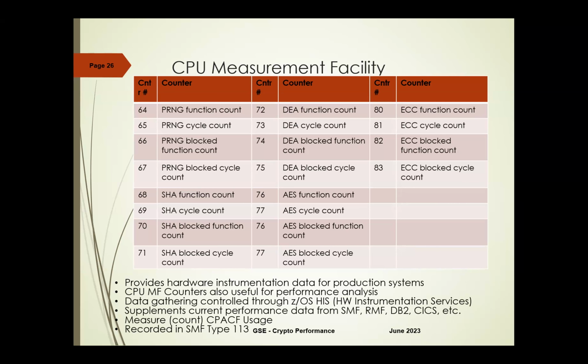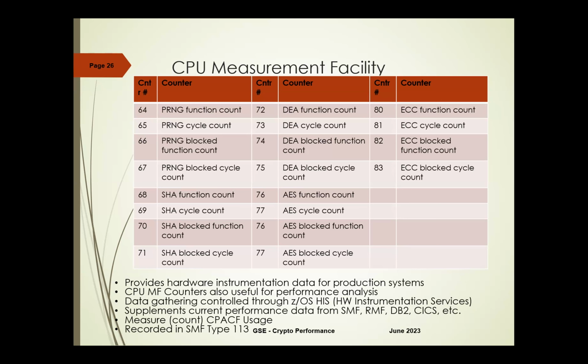Now, they're broken down into buckets. There's a pseudo random number generation counter. There's a SHA counter for SHA hashing. There's a DES counter, AES counters, and then on the Z16, the elliptic curve counters as well, because those operations are available on the CPACF hardware.